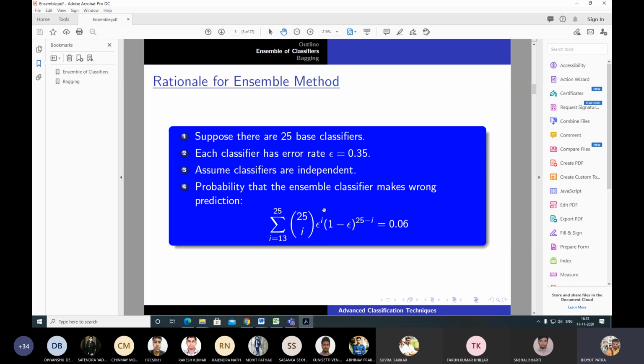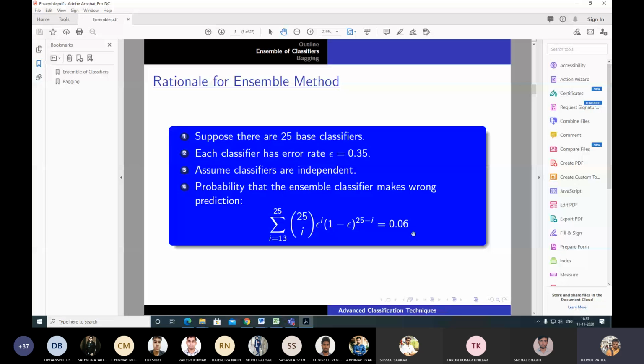Now, the ensemble is wrong if at least 13 classifiers wrongly misclassify the object, so the sum starts from 13. Only then will we say there is an error. If you compute it, the error comes down to 0.06.